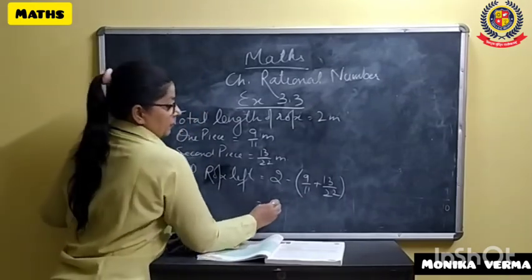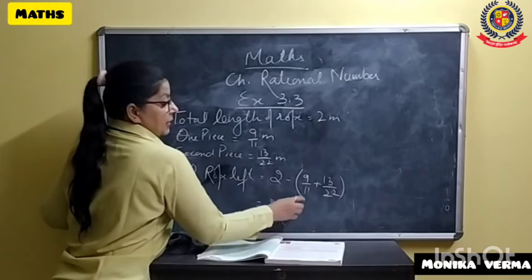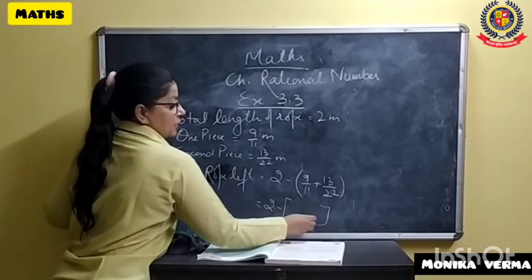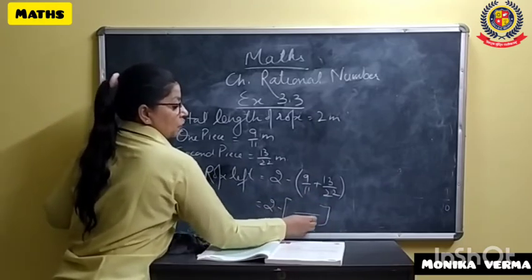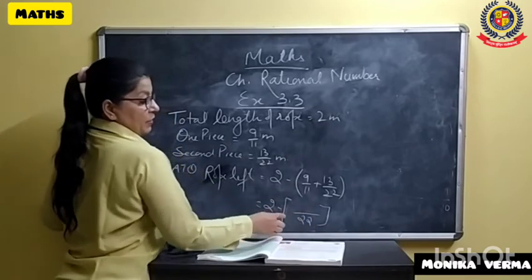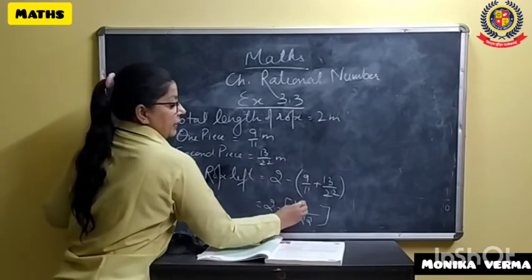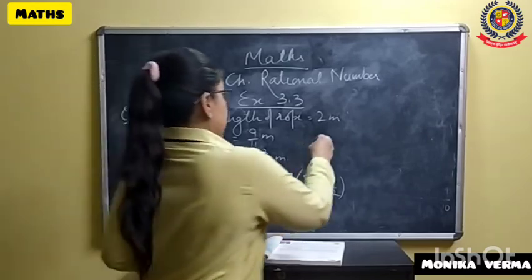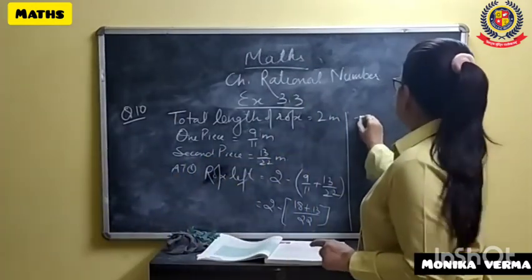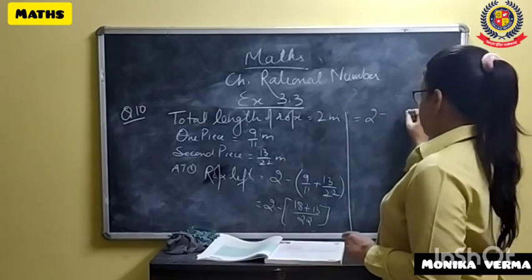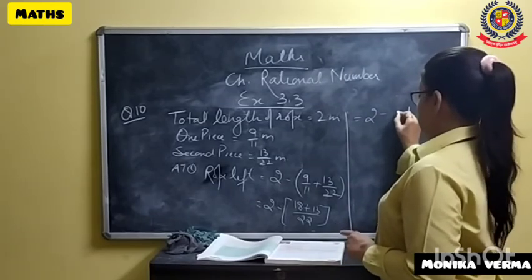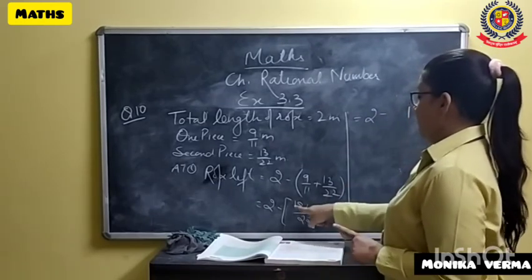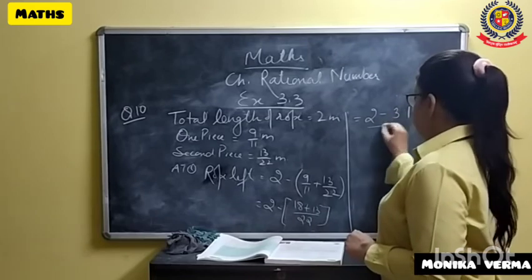So let's do it. 2 minus, LCM of 11 and 22 is 22. 11 divided by 22 is 2. 2 into 9, 18. Plus 13. So now we got 2 minus 8 plus 3, 11, 1. 1 plus 1, 2, 3, 31 upon 22.